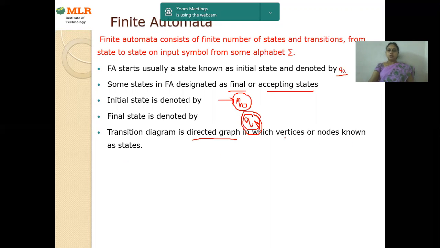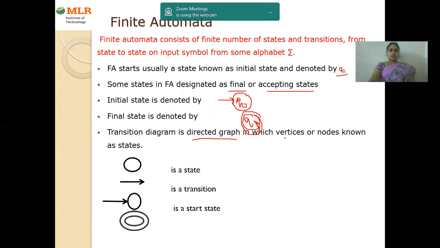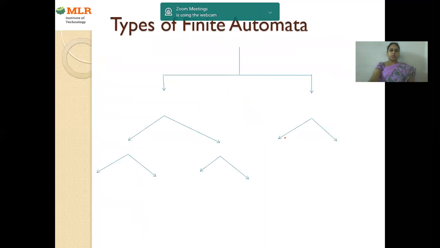Here the circle represents a state, the arrow represents a transition, that means how it moves from one state to another state, an arrow with a circle represents the start state, and a double circle represents the final or accepting state.